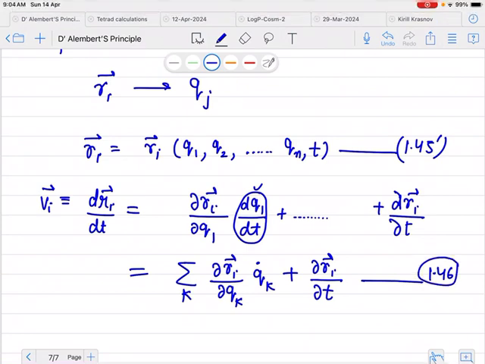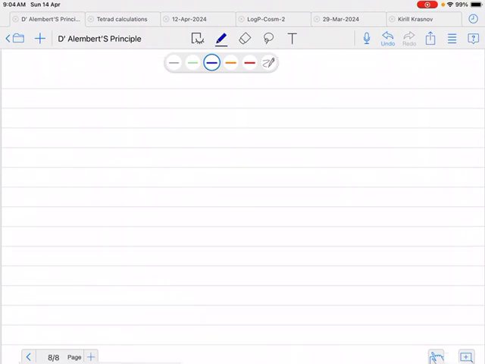Okay. So similarly, the arbitrary virtual displacement delta Ri we can express as sigma j del Ri over del Qj del Qj.